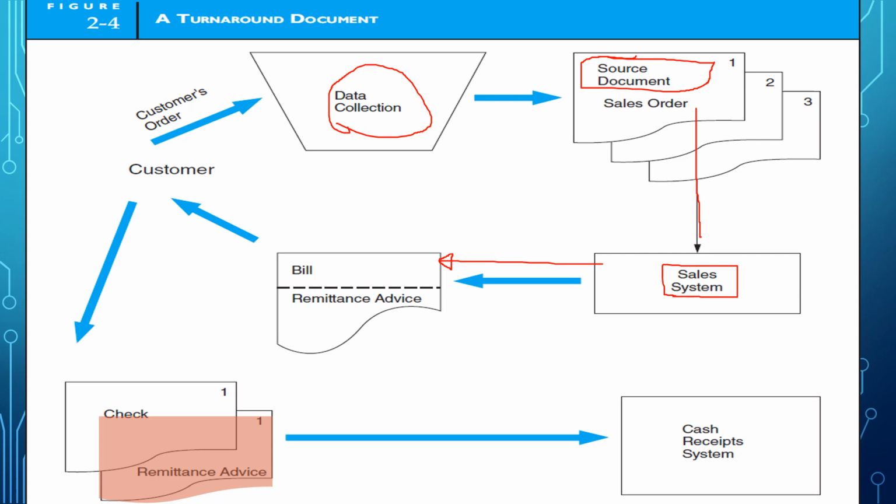When the customer sends the cash or check, they also attach part or a copy of the bill as remittance advice. In this case we call the bill the return turnaround document, to support the transaction of cash receipt, which will be processed in the cash receipt system.